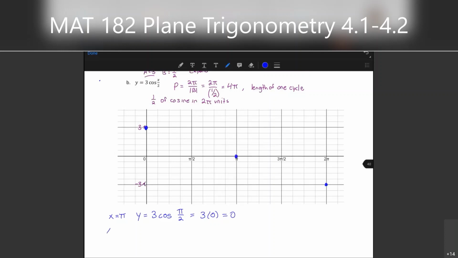And when x is equal to 2 pi, we have 3 cosine 2 pi over 2, which is cosine of pi. And cosine of pi, if we looked at that on our graph, is -1. So this would end up being -3, and that's where we get that last point.